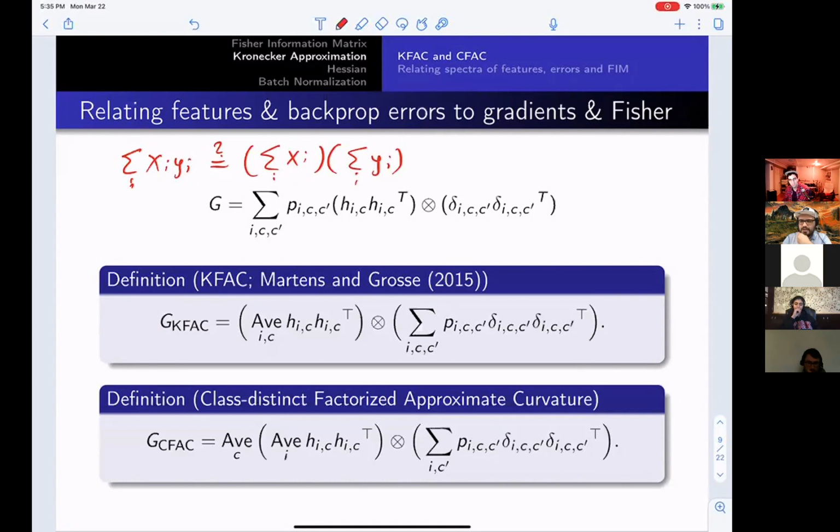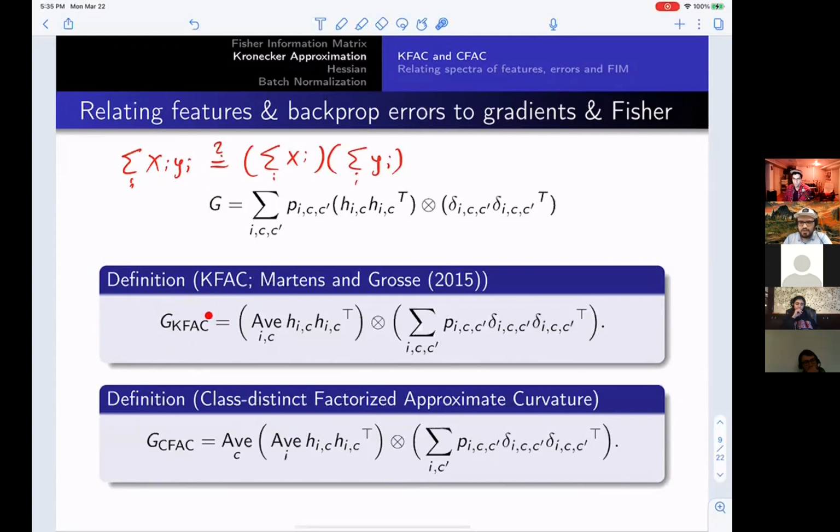Because on the left, x_i meets y_i when their indices are fixed, whereas on the right, you get all the different combinations. So G_KFAC is not equivalent to the Fisher information matrix. G_KFAC is an approximation of the Fisher information matrix.